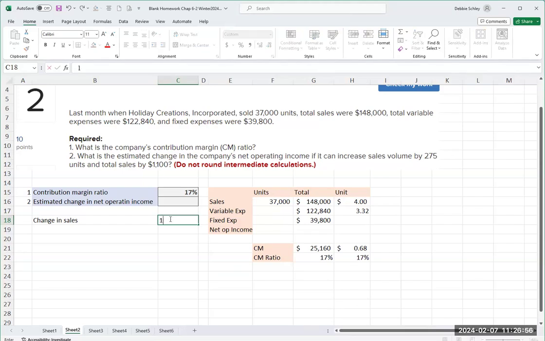So my change in sales was 1,100. All I need to do is find the contribution margin from that change in sales. So I will take the change in sales times the contribution margin ratio. My estimated change in net operating income is $187.